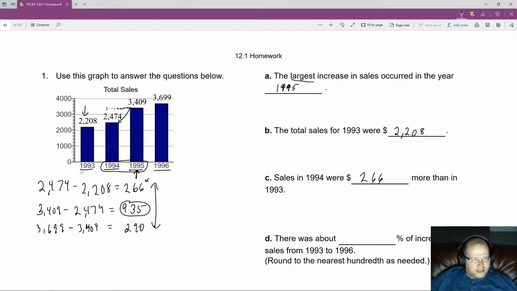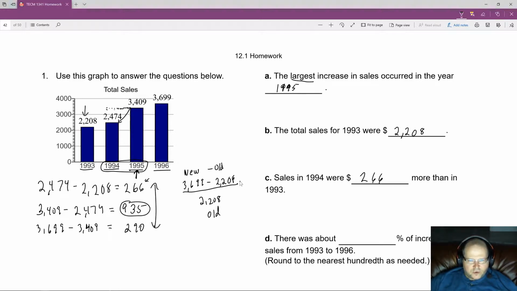So the way you would do that is you would take 3,699 and subtract 2,208. So you take the new and you subtract the old, right? And then you put that over the original, or the old one, 2,208, which is, again, the old one. Okay?